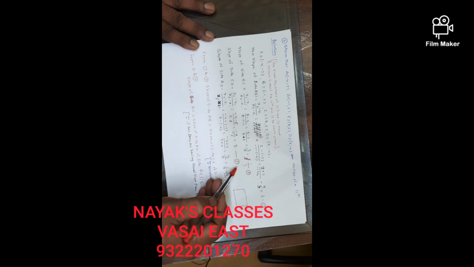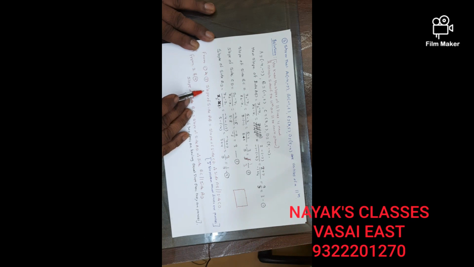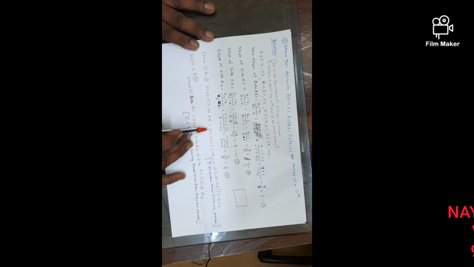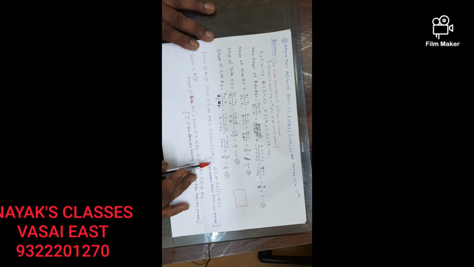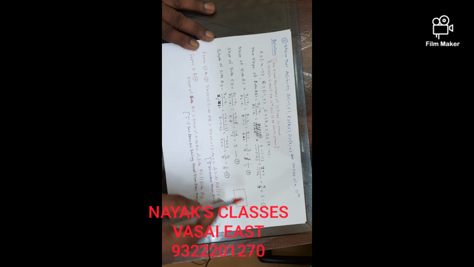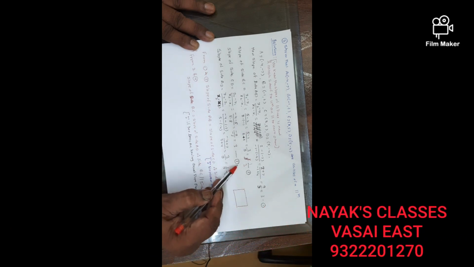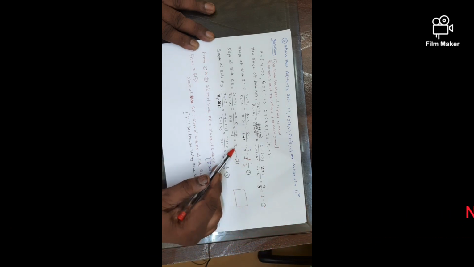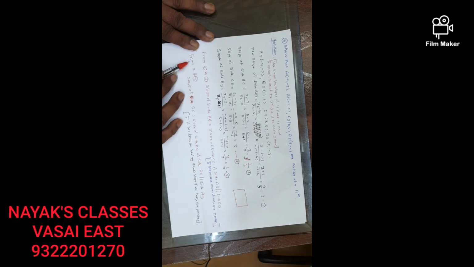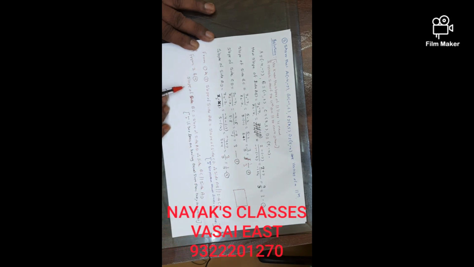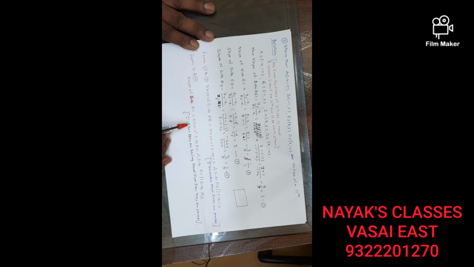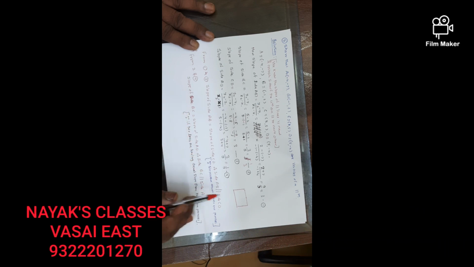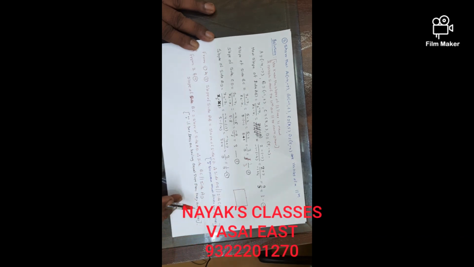We have slope of side AB is equal to slope of side CD, because they are 3 and 3. Similarly, from 2 and 4, slope of side BC is equal to slope of side AD, because they are 1 upon 3 and 1 upon 3.